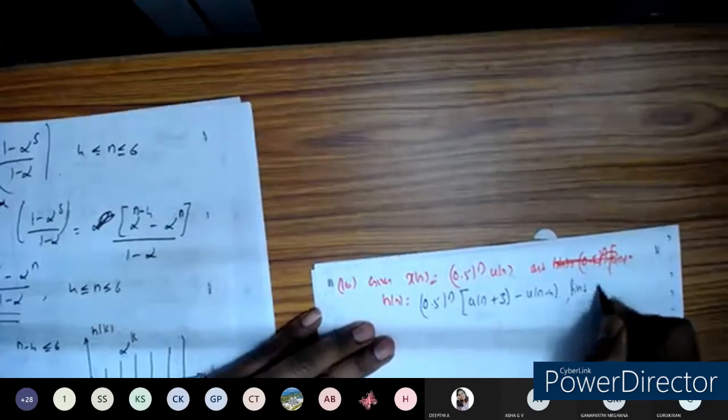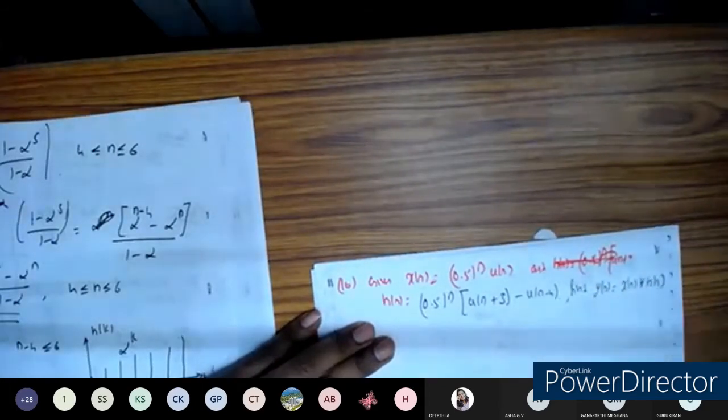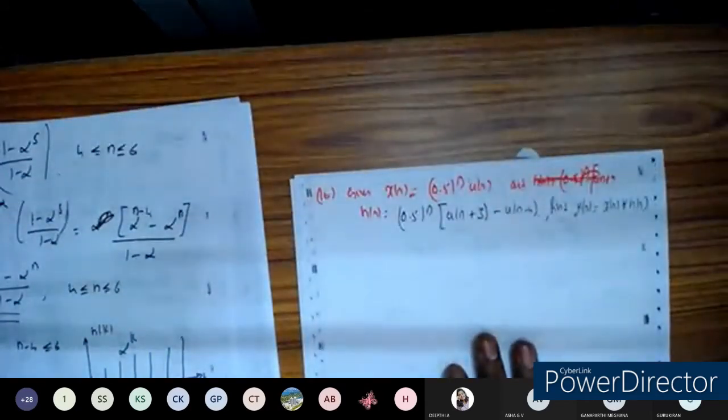So find y of n is equal to x of n convolution with h of n.